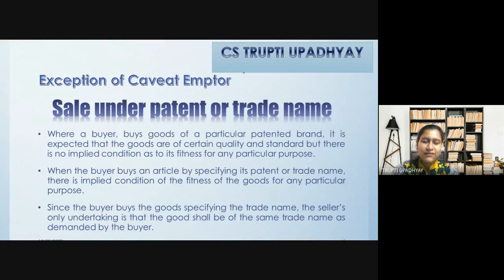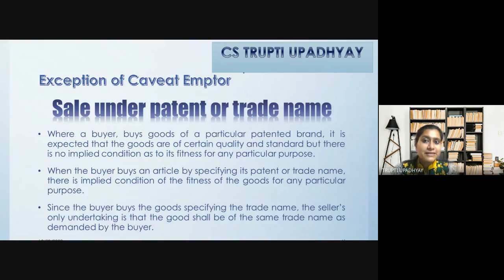And after he is satisfied that this company's product is perfect for him and will meet the purpose for which he wants to buy it, then only he may proceed to make a decision to buy and enter into a contract of sale with the company with respect to those goods.